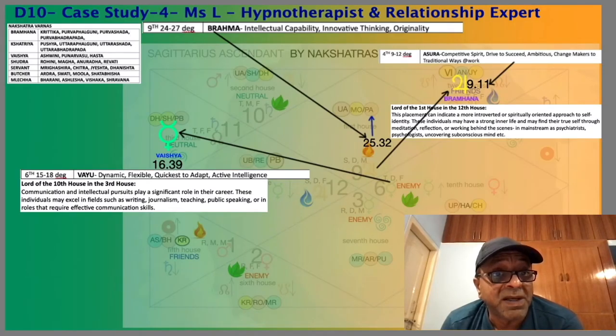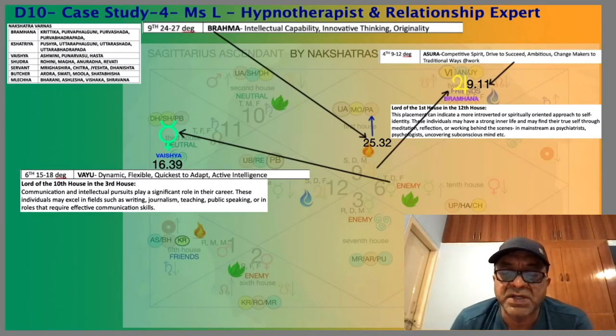Powerful in Aquarius. So when the Lord of the 10th goes to the third house, what does that mean? Communication and intellectual pursuits may play a significant role in their career. These individuals may excel in fields such as writing, journalism, teaching, public speaking, or in roles that require effective communication skill.